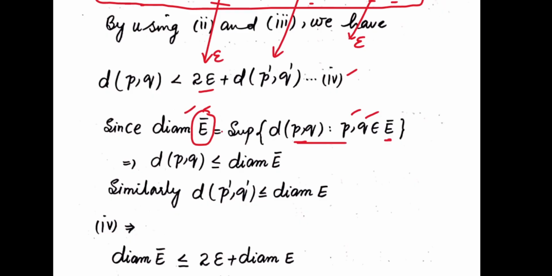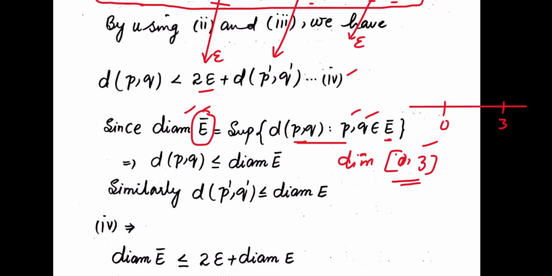For example, suppose I have a closed interval 0 to 3. I have to find the diameter of this set. As you know, there are infinite points between 0 and 3.